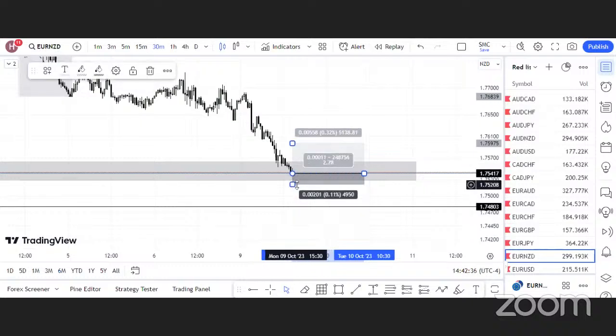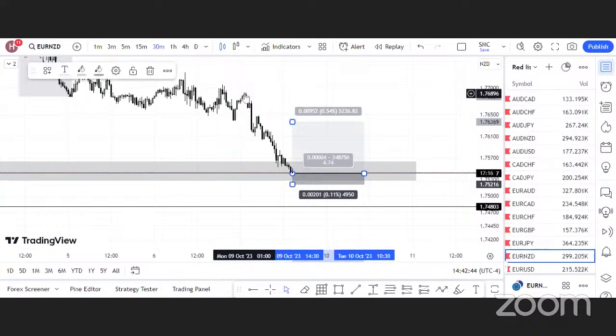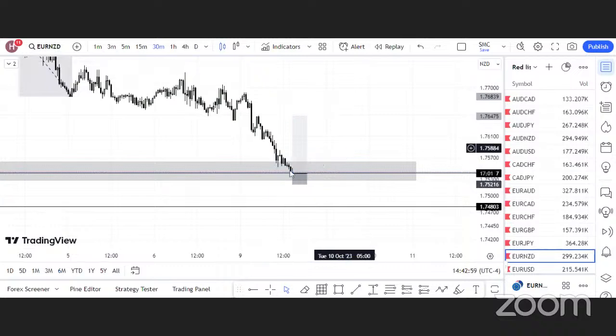Just below my support area. So you see I just give it a few pips down. And then my take profit is going to be on the recent high. So this is a high, this is a low, this is the recent high that was formed before this low. Now I can set my TP around this area.